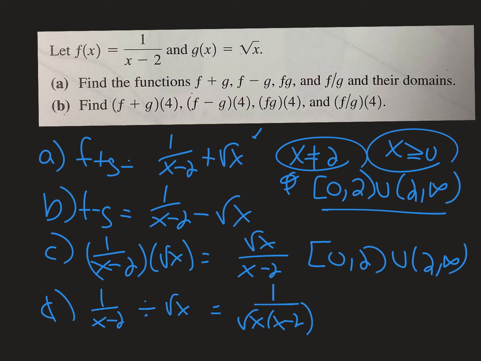The only difference here is also now that the square root of x is in the denominator, x cannot equal 0 because that would make me have a 0 in the denominator of the fraction. So my domain is going to be everything from, well, let's just change one thing here. I just kind of messed that up. If we just change it to where it doesn't include the 0, like we do this, it also cannot be 2, but it can be anything between 0 and 2, and then we start at 2, and we can go forever. All right, so that's the only change there.